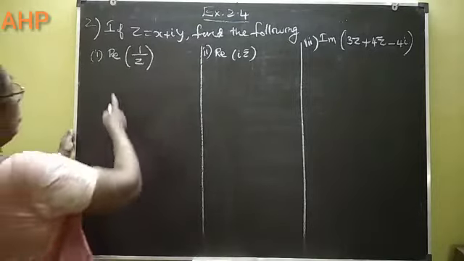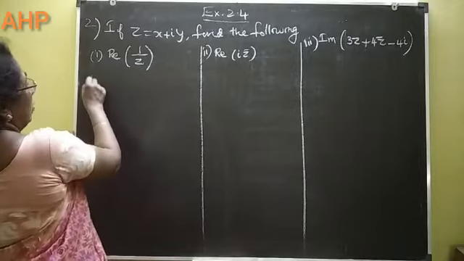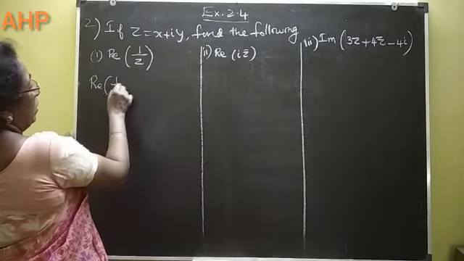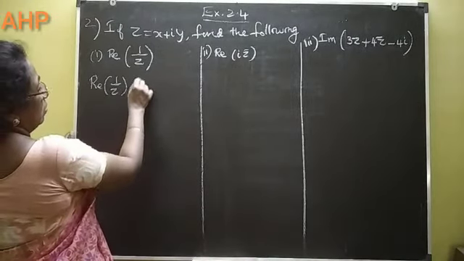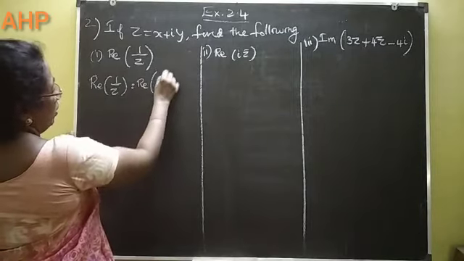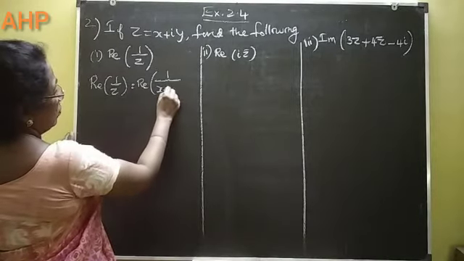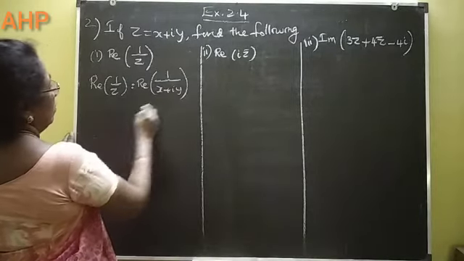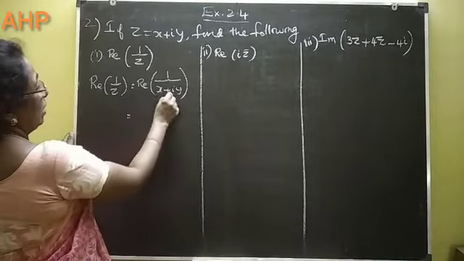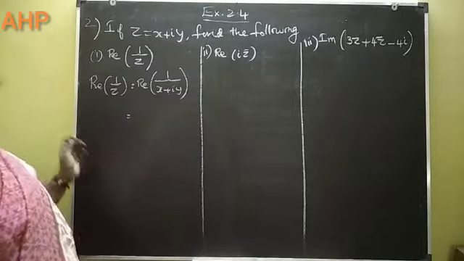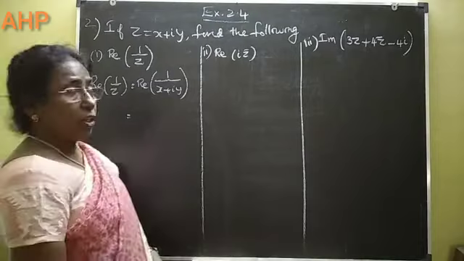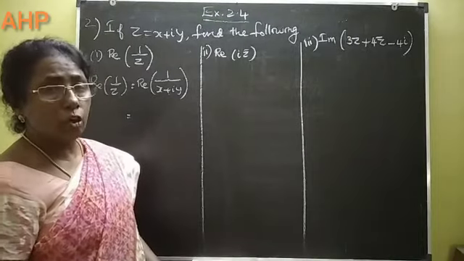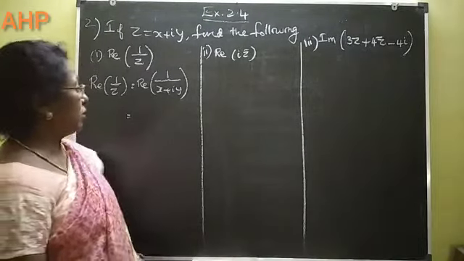Okay. So real of 1/z. So real of 1/z is equal to real of 1/z, where z is x + iy. So now we have i in the denominator. To rationalize the denominator, we need to multiply numerator and denominator by its conjugate.